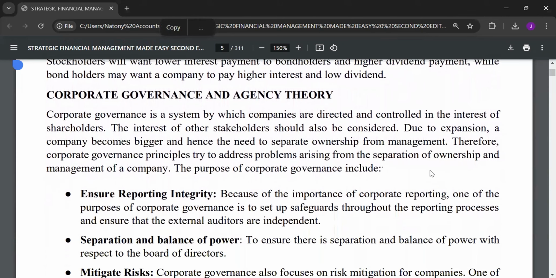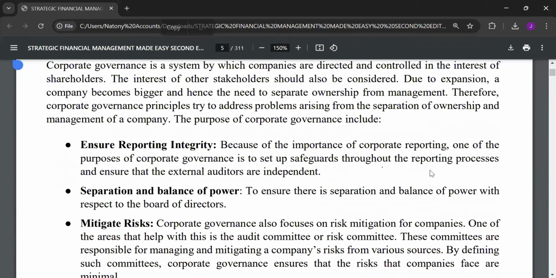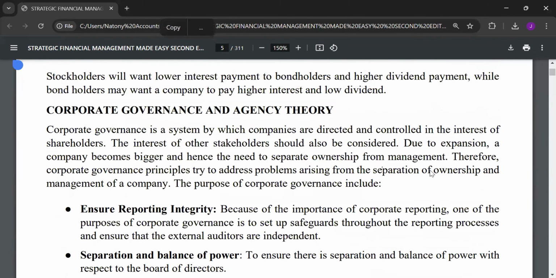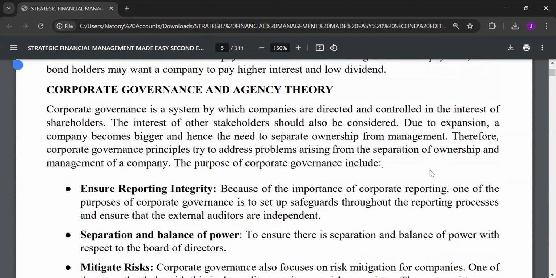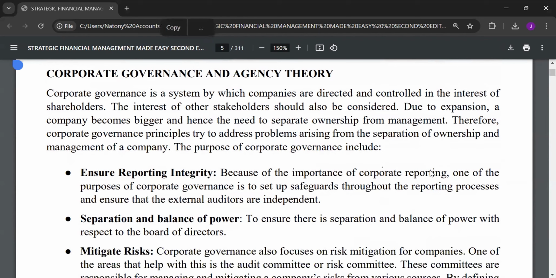So one of the ways in which this conflict of interest is minimized is to ensure that the company has a code of corporate governance. Corporate governance helps to reduce the risk that comes with agency theory, because when the size of a company has increased, there may be a need to strike a balance.